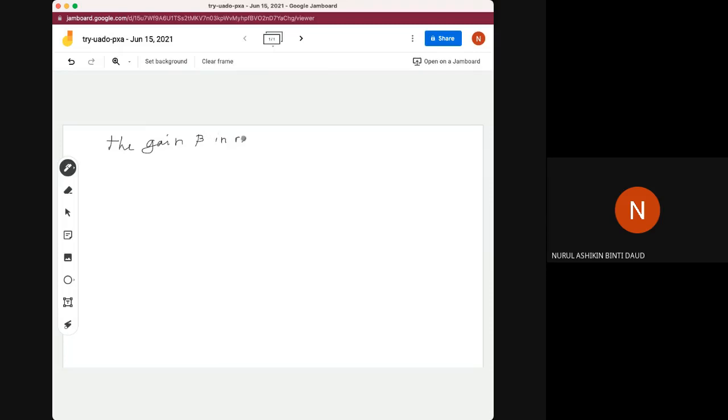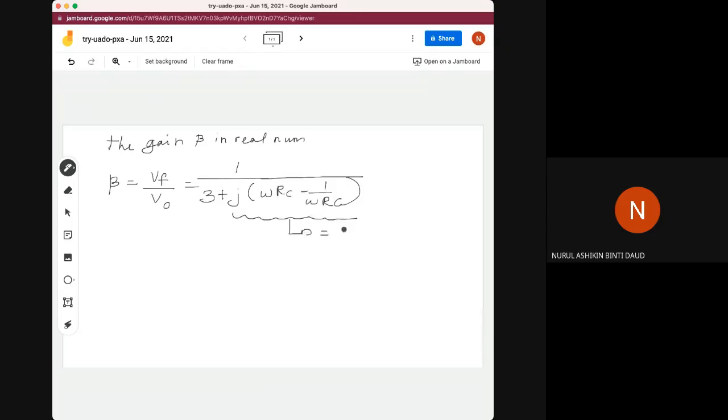As I mentioned just now, beta is equal to VF over V output, which is 1 over 3 plus j omega RC minus 1 over omega RC. To make sure the gain is a real number, this imaginary part should be equal to 0.